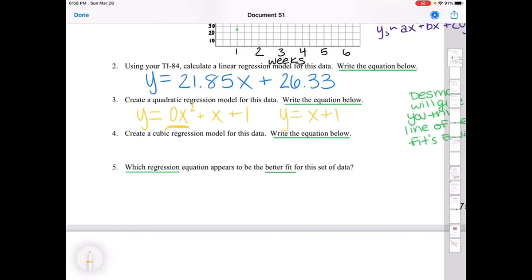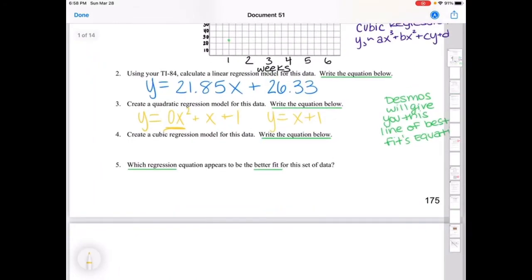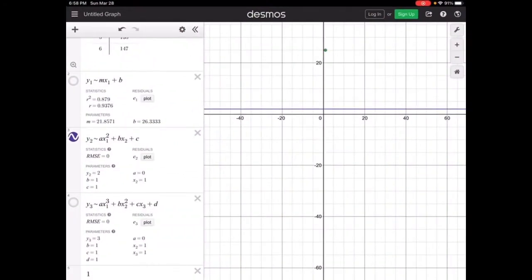So that kind of tells us it doesn't work, right? Clearly x plus 1 isn't our equation because this is our best line of fit. But like I said, this was our quadratic regression and obviously it didn't work out. But we got those values directly from here. B is equal to 1, C is equal to 1, A is equal to 0.